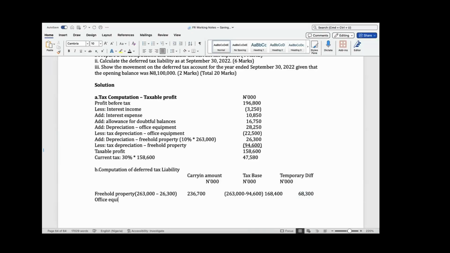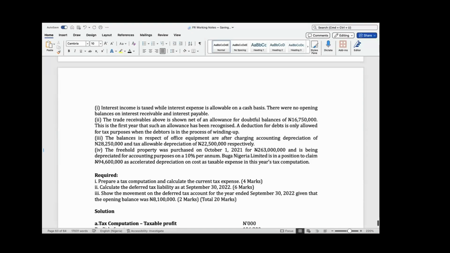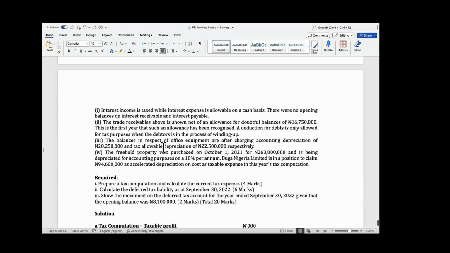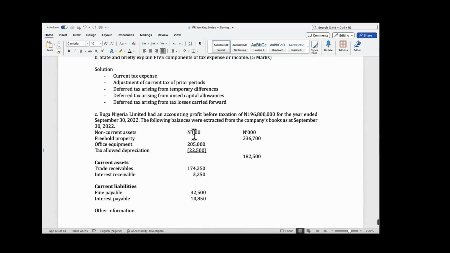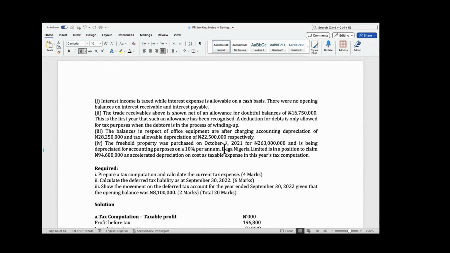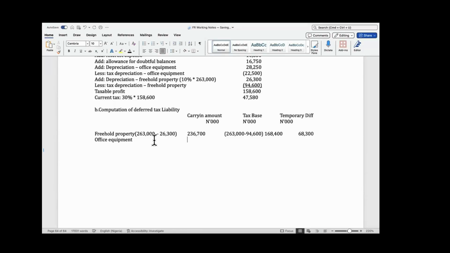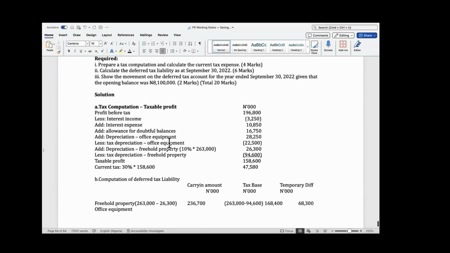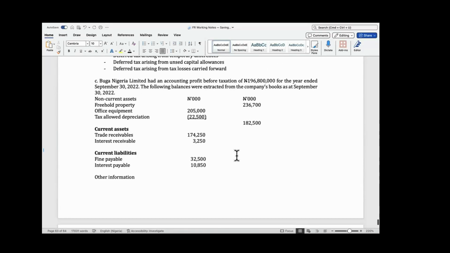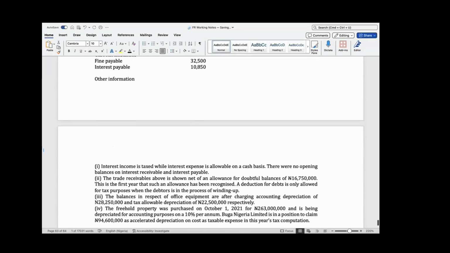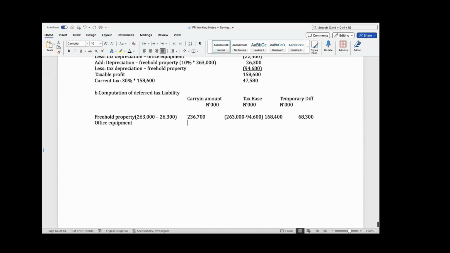So office equipment, I was told that the office equipment, where is it? This minus this. So I want to believe the carrying amount should be this, because they are deducting tax allowable depreciation. So that means the carrying amount should be this 205. That's the book value.